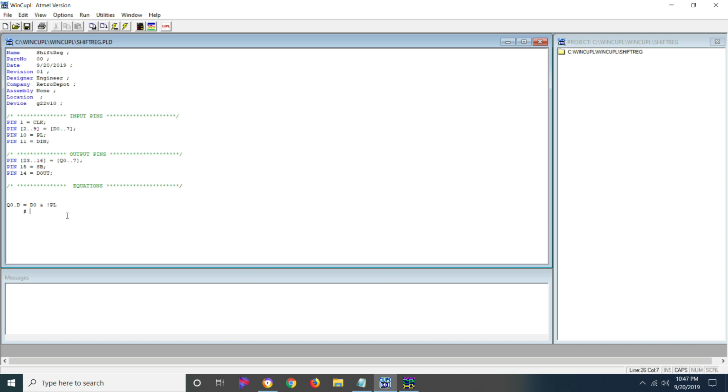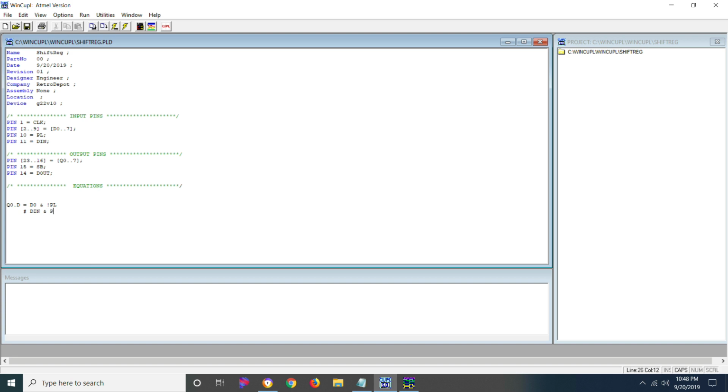Well, we would also want it high if the parallel load is high and the data in would be high, correct? Otherwise, it should be low if the clock cycles, because if it's reading data in through DN, then it's only going to have two states. And if it's low, then we already know, I mean, we're only worried about when this is going to be high. So that's really what we want to do, is whenever DN is high and PL is high.